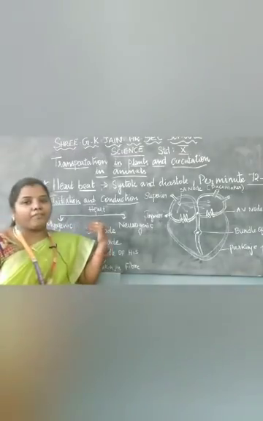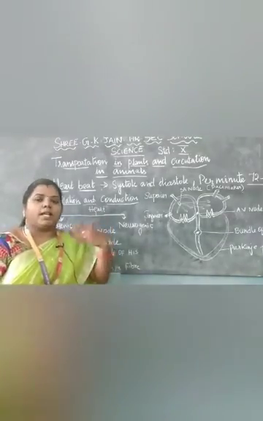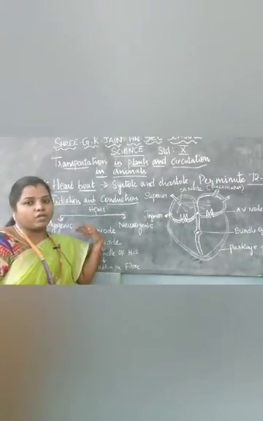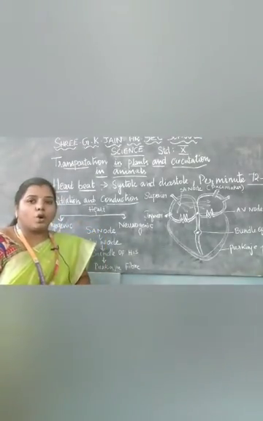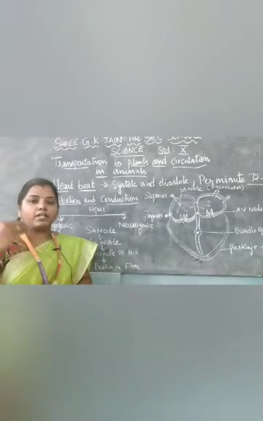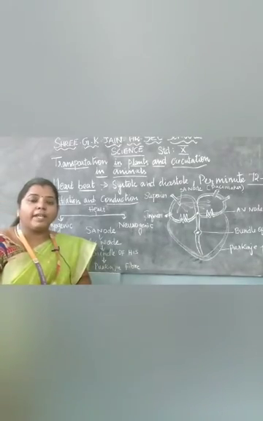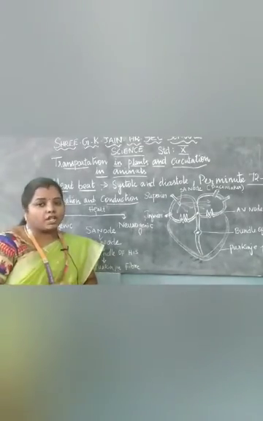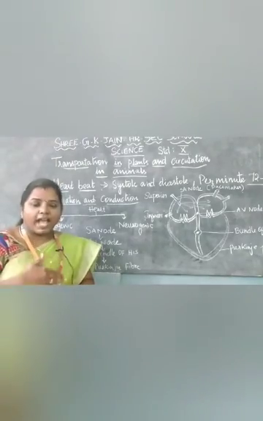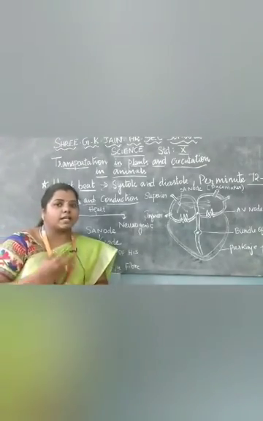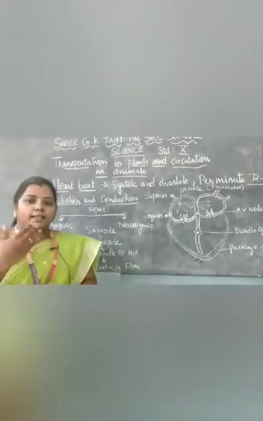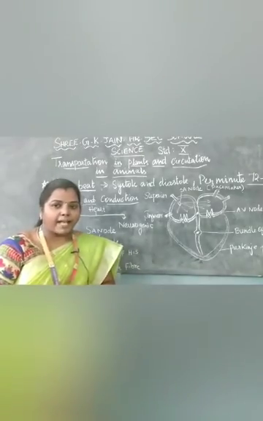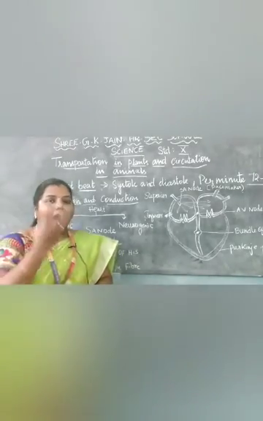The example of a myogenic heart is the human heart. Our heart is a myogenic heart because neurons are not involved in the initiation of the heartbeat. We have a special type of muscle called cardiac muscle. That cardiac muscle has the capacity to initiate the heartbeat.